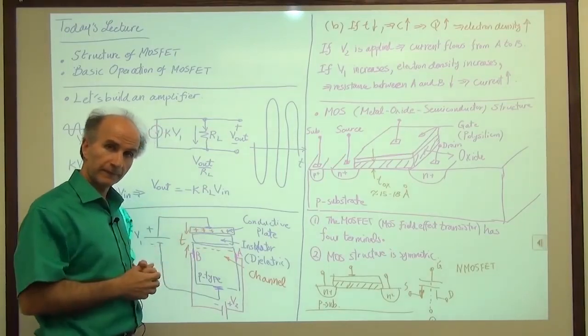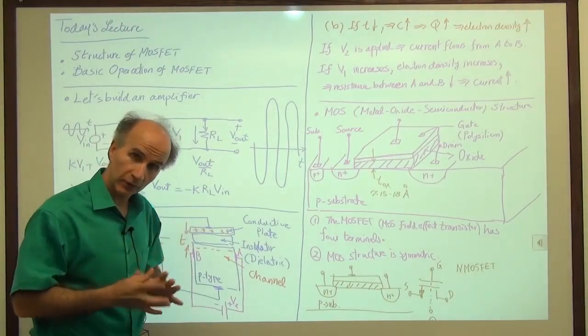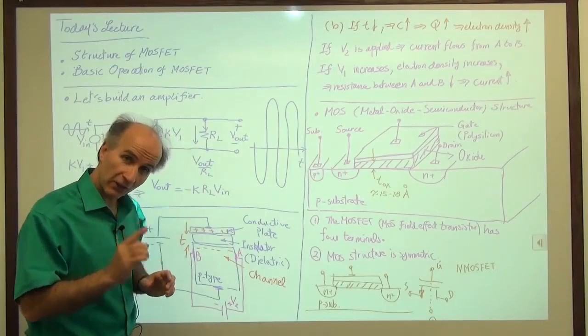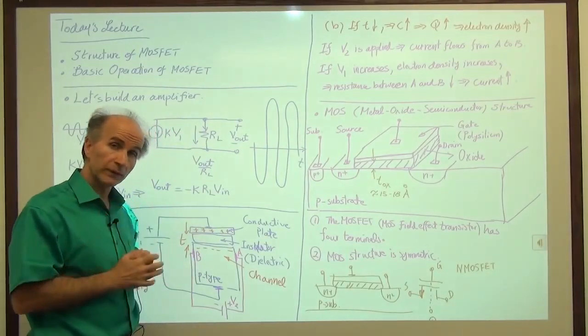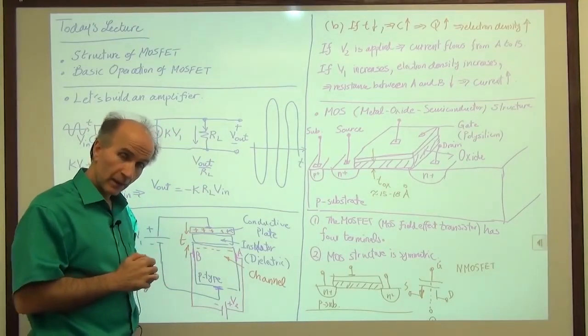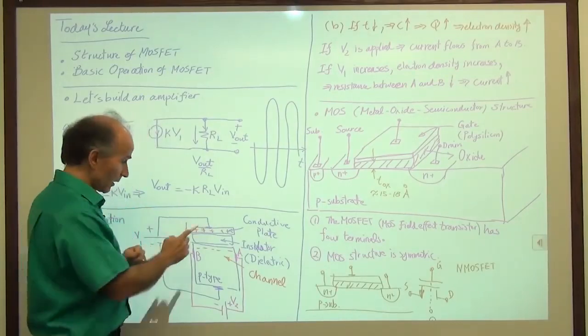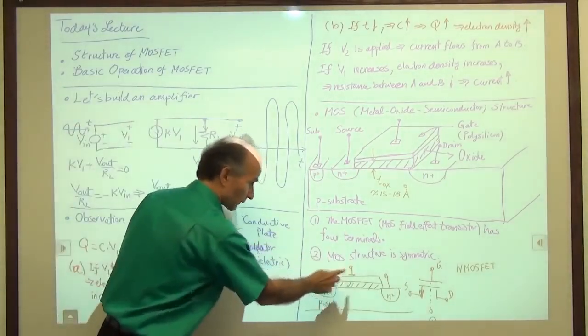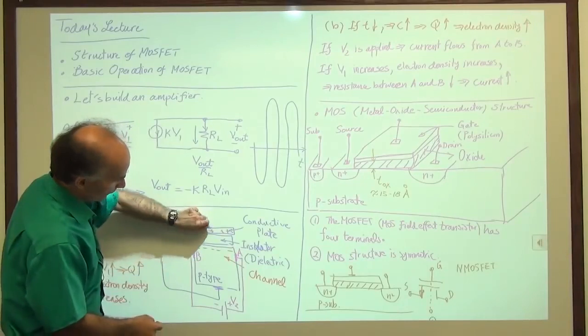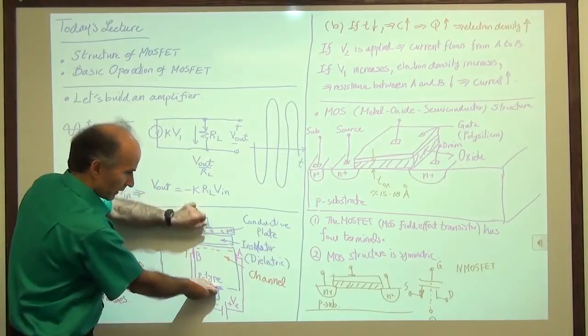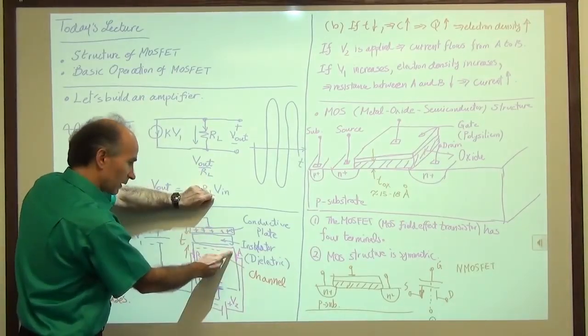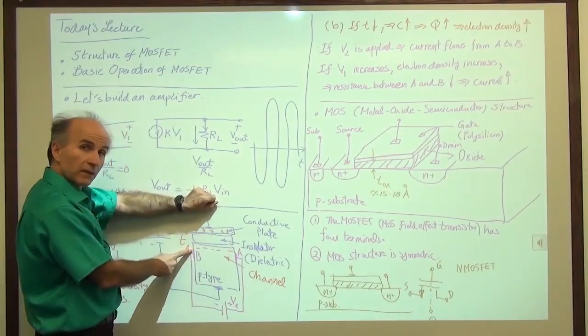The current will flow. And what's interesting and important to us is that that current can be controlled by the gate voltage, this voltage. So if this voltage goes up and down, of course with respect to here, we control the density of electrons here.